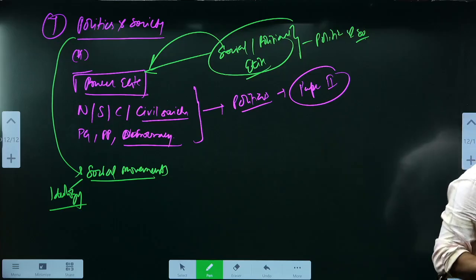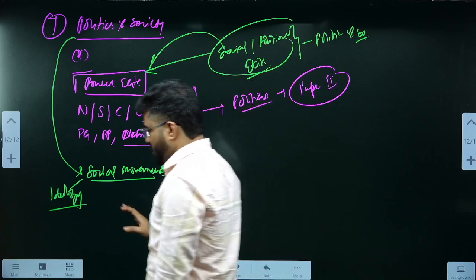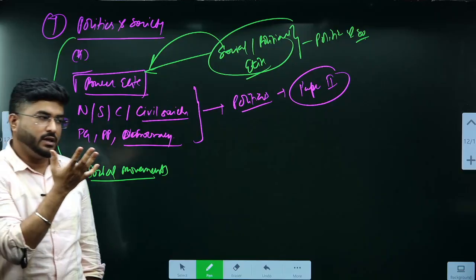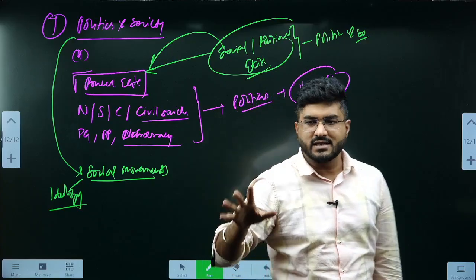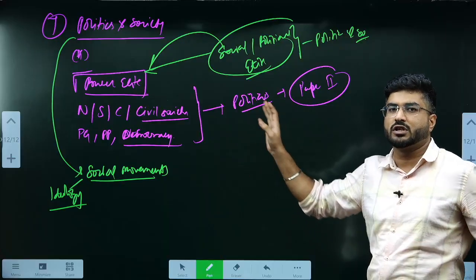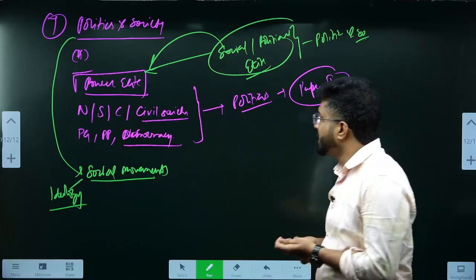Now, when you are reading about these concepts in your foundation classes or foundation notes related to social movements from the paper 1 perspective, you find there is a theory building related to it. But when you analyze PYQs, you will see that in paper 1 itself, they are asking questions related to social movements of paper 2, which is a different chapter.